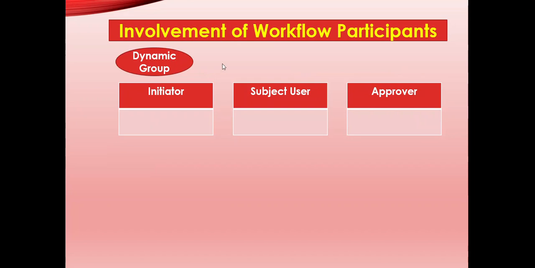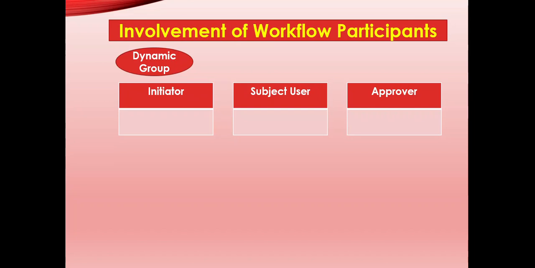So the initiator means the person who is making some transactions, who is basically initiating the workflow by making some changes to some employee's data. Based on that, our business rule will pick up and trigger the workflow. So the person who is making those changes is the initiator. The subject user is the employee on whom the changes are made, for which the workflow triggers.